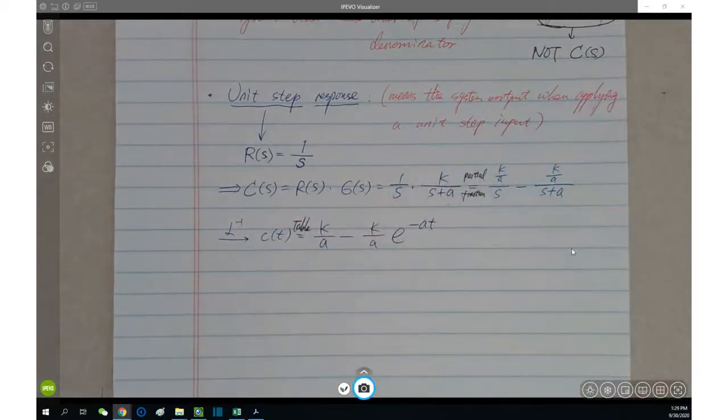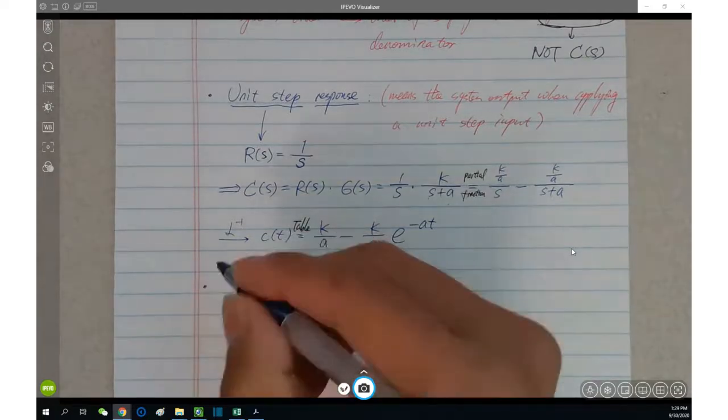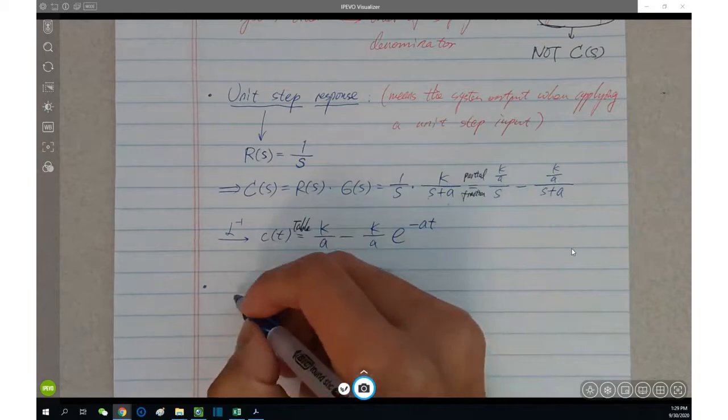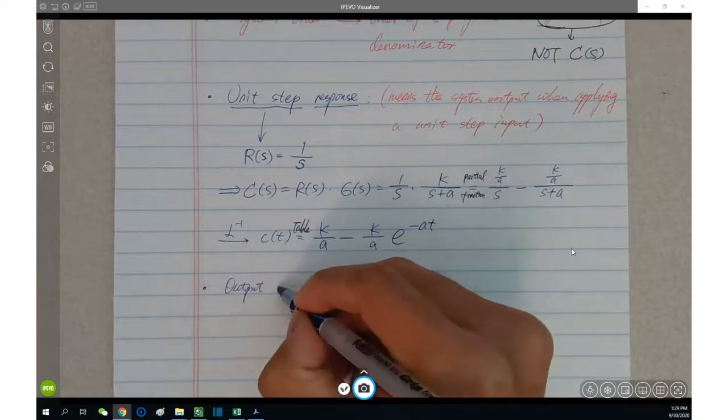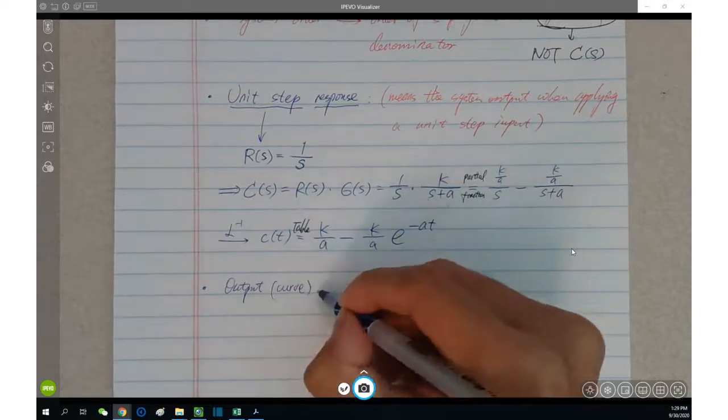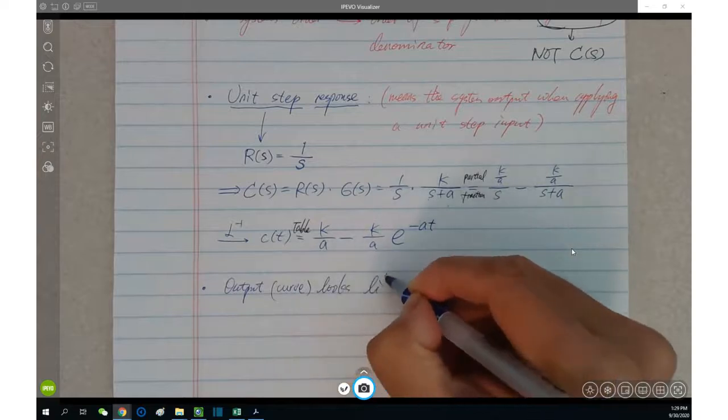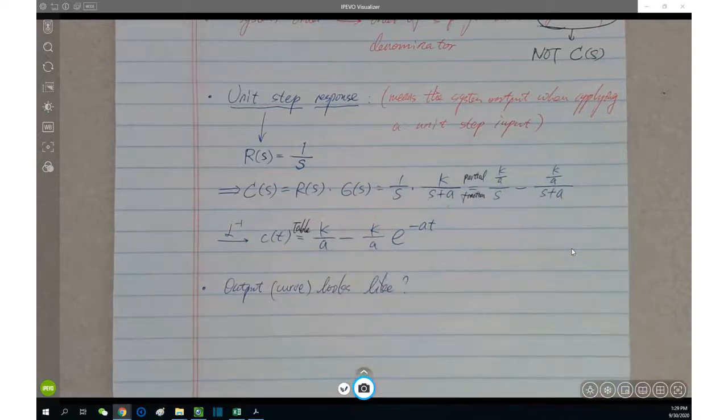Any questions so far? A unit step response, we got it. We really found the time domain function of time t. What's next is, what does the output curve look like?